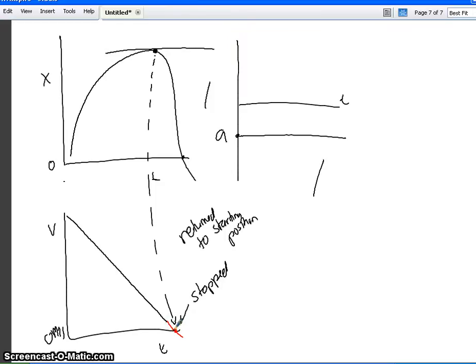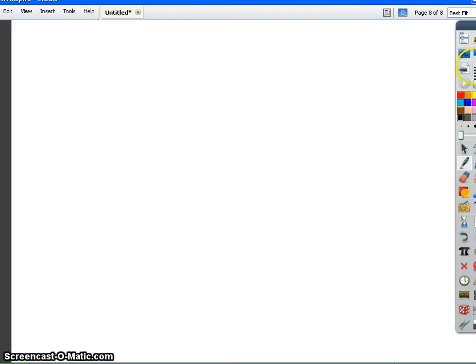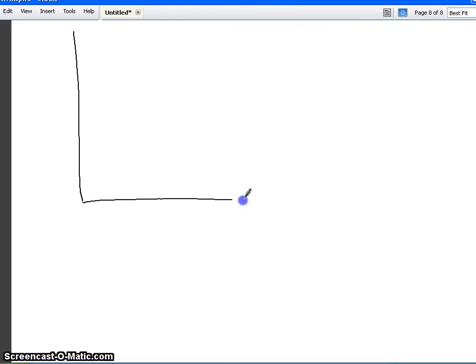Okay, so what I'm going to do now is go through and give you the whole gamut. Okay, so here we go. See if I can do this on one page here. Okay, here's position time, here's velocity time.